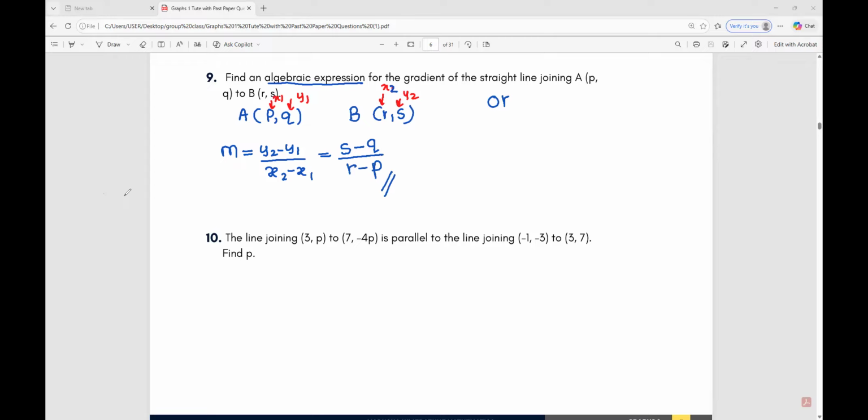If we write the formula the opposite way, y1 minus y2 over x1 minus x2, then our answer will be, y1 is Q, no? Q minus S over P minus R. Both answers are correct. There's no value here. The answer comes with these variables.